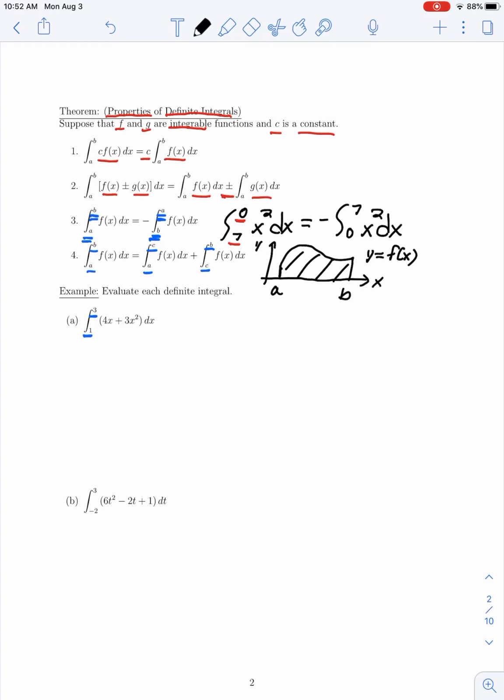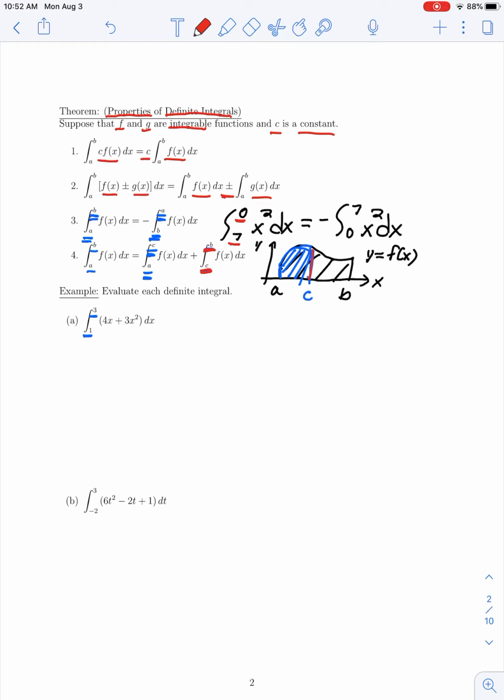So this theorem says, well, I could first integrate from a to some value c, and we could take the definite integral of our function, which would give us the area shown in blue here. And then we could add the integral from c to b of the same function.